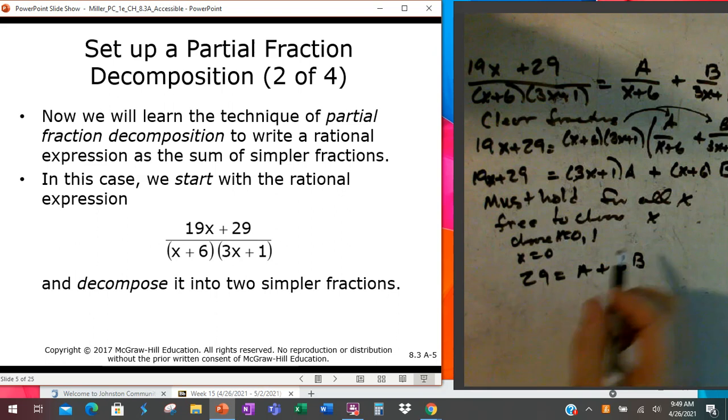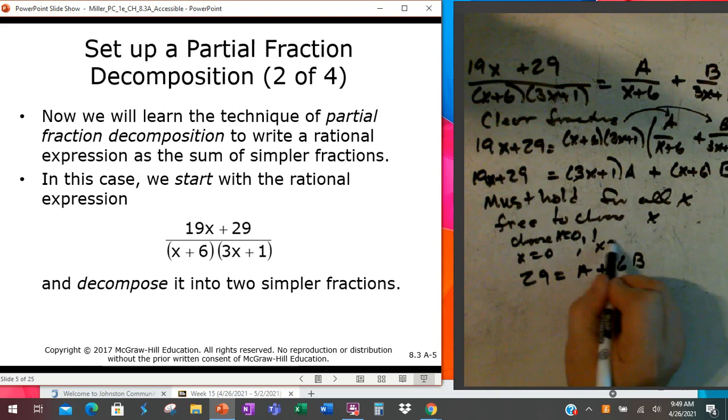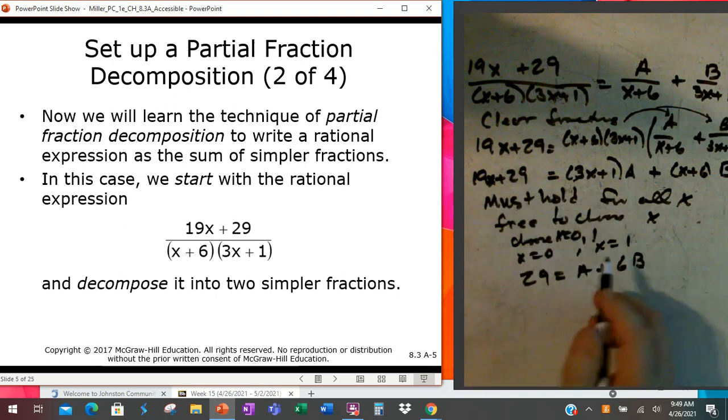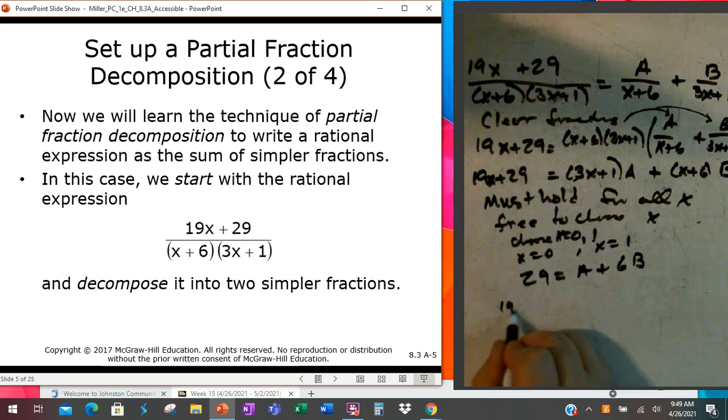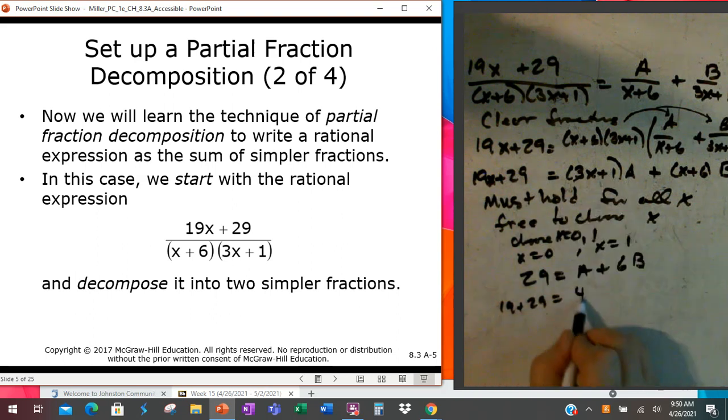Okay, and then I choose x is equal to 1. And for x equal to 1, I get 19 plus 29, 4a plus 7b. And this is going to be our 18, 9 is 18, 2, 3, 4, 48.